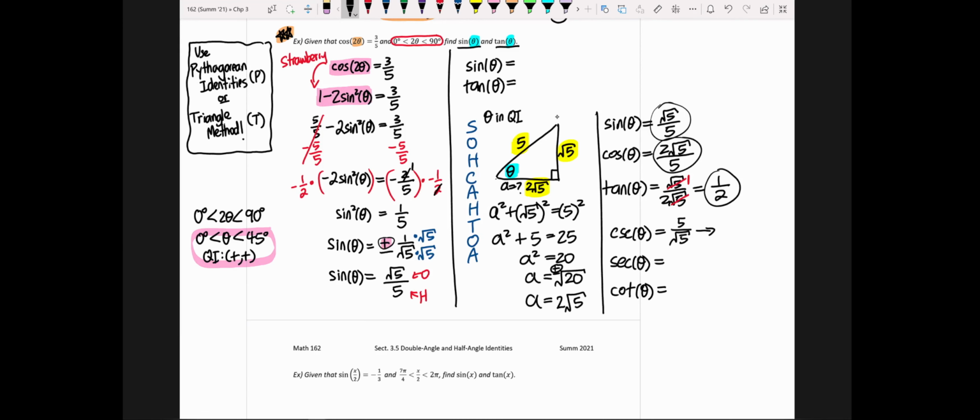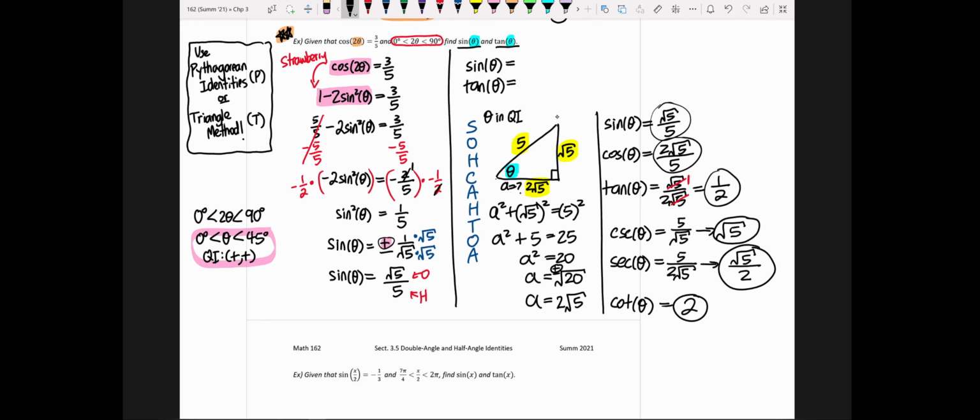When we rationalize that, we just end up with square root of 5. Then 5 over 2 root 5. When we rationalize that, we end up with just root 5 over 2. And then for cotan, the reciprocal of 1/2 is just 2.